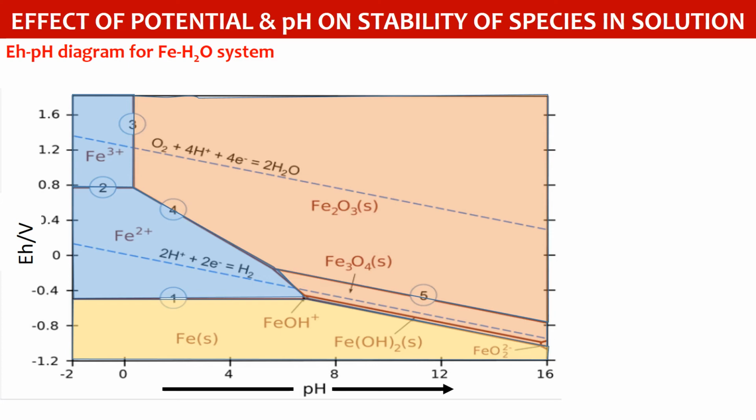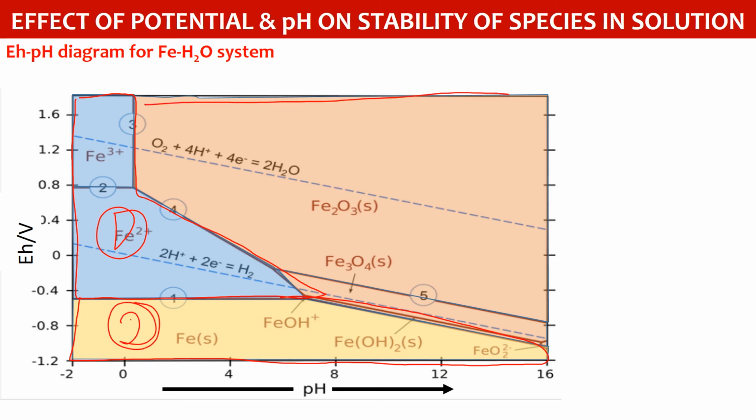Region number one is where your iron is in ionic state, Fe2+ or Fe3+. Region number two is where you have your Fe0 as a solid. And the last region, region number three, is where you've got your oxides or hydroxides.